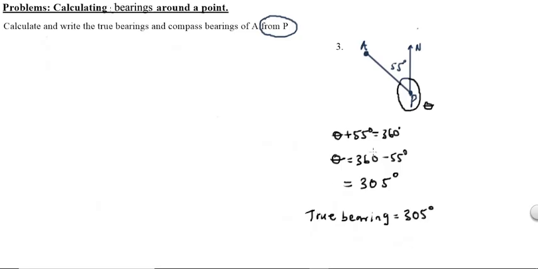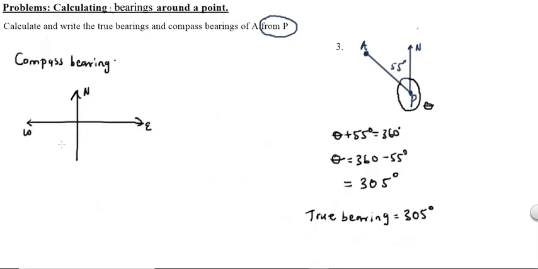And then to get our compass bearing, now if you notice, we can divide this into 4 cardinal points. So this is the north, and then we have the east, the west, and the south. The angle between the north towards the west is a 55-degree angle.